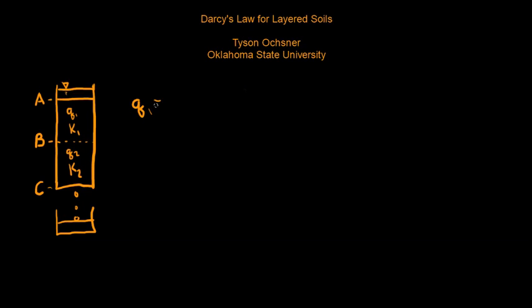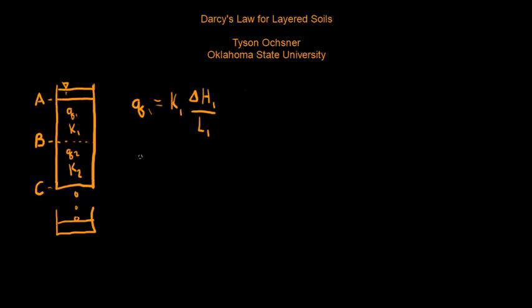And that is equal to, by Darcy's law for the first layer, the hydraulic conductivity of the first layer multiplied by the hydraulic gradient, which we'll write as delta H, which means a change in H, the hydraulic head across layer 1. So delta H1 divided by the length or the thickness of the first layer.